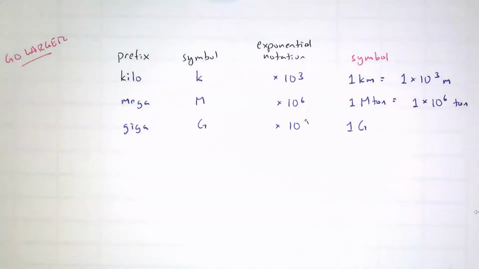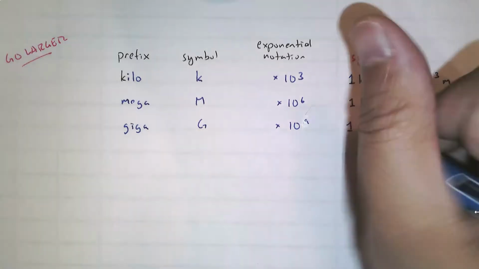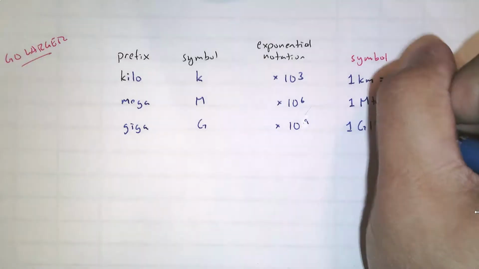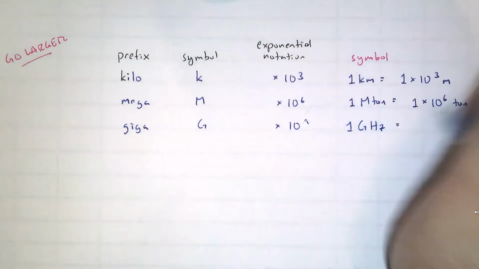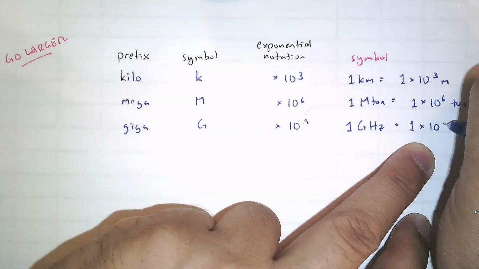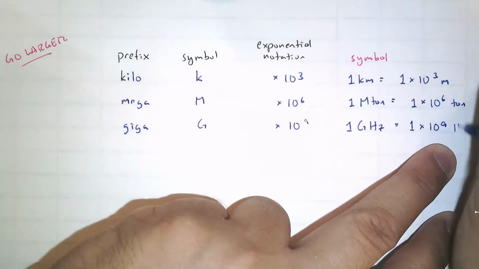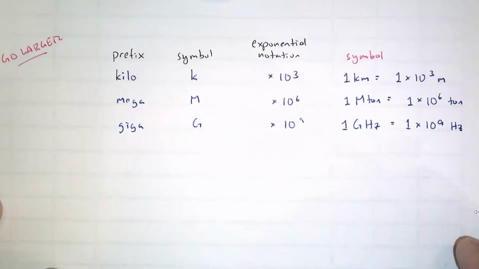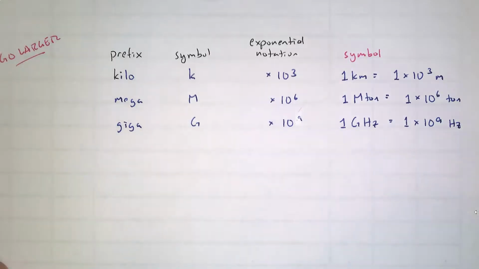Very interesting, we're going to use hertz, which is a frequency: 1 times 10 to the 9, a billion hertz, a unit of frequency. Those are the 3 that I want my students to know as they go bigger.